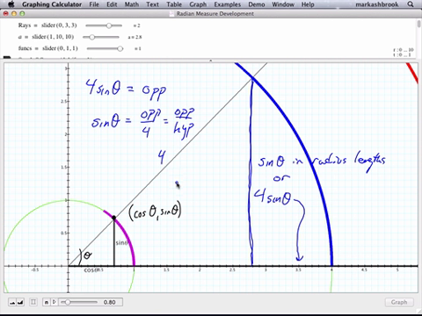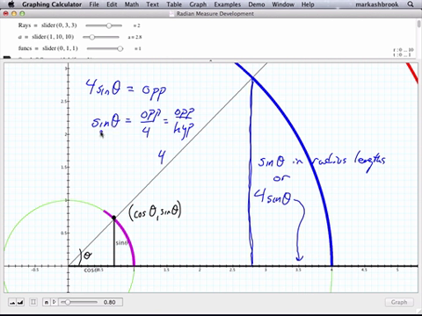Okay, so these opposite, hypotenuse, adjacent formulas come from this fact here. They start from the fact that cosine is the x-coordinate of the point, and sine is the y-coordinate of the point. So now if you have a bigger circle, you're going to have 4 sine theta. 4 sine theta is the length of the opposite side.